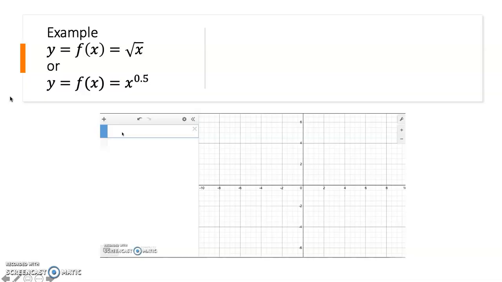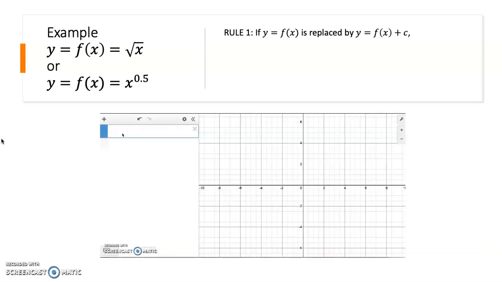So let's see the first effect, where the function f(x) is added with a constant c. We use the example here, y is equal to the square root of x, or here I rewrite it as x to the power of 0.5. And we would like to see how the graph of f(x) changes when f(x) is added with a constant 2.